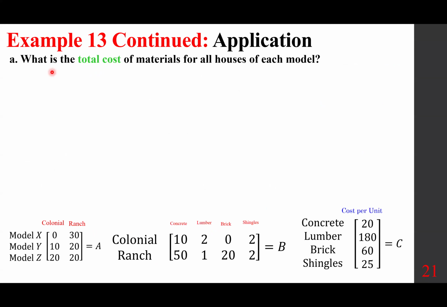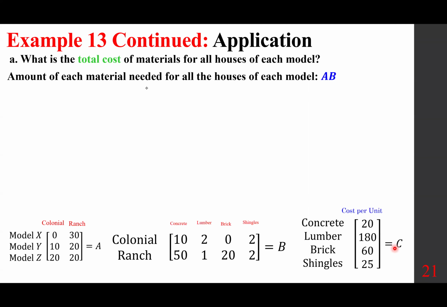First, we want to see the total cost of materials for all houses of each model. I'm repeating matrix A, matrix B, matrix C, just rewriting what we had in the previous case. The amount of each material needed for all the houses of each model is A times B. So the product of these two gives us the type of material and how much we need.